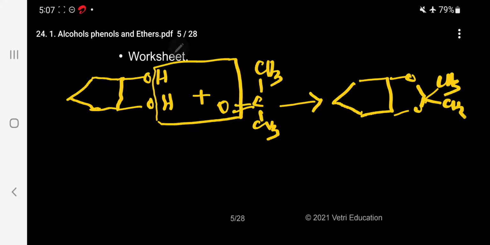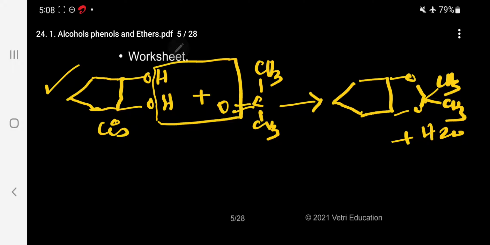This is the product plus water. So this is the cis isomer, cis cyclopentane 1,2 diol. That means it undergoes condensation reaction to produce the product and water.